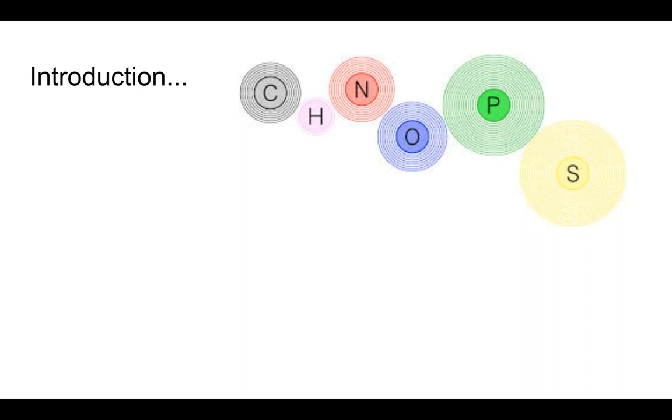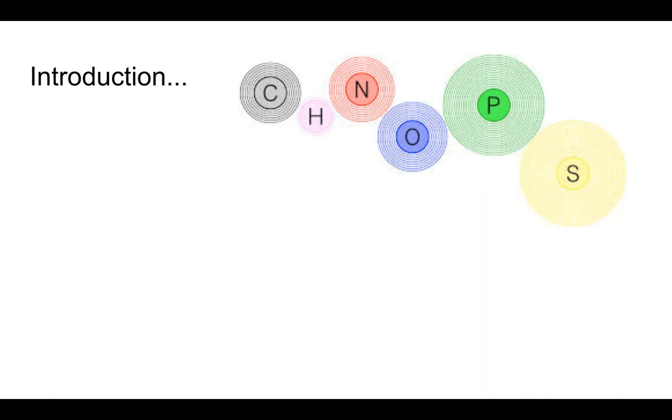As we work our way up towards a cell, which is the smallest unit of life, we're going to talk about carbon specifically. We'll see some of these other elements at play, but carbon is pretty unique.